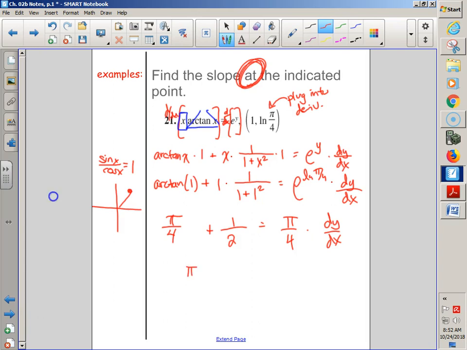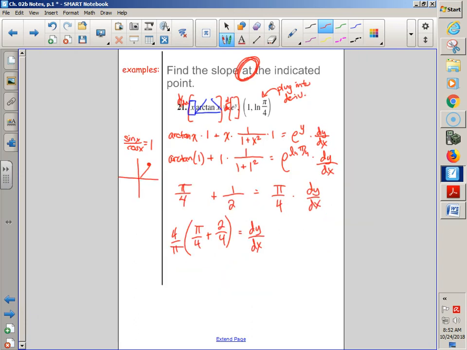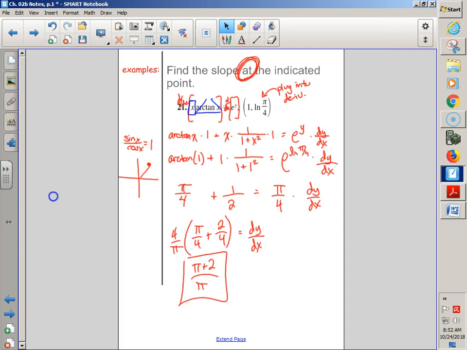To be honest, I would probably make it like that, and I'd multiply by the reciprocal. You guys can go ahead and pack up and get going. I'm just going to make this, 4s will reduce. A pi plus 2 over pi. Bye, cool kids.